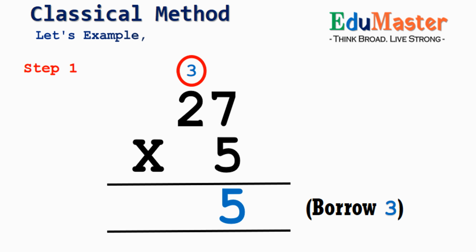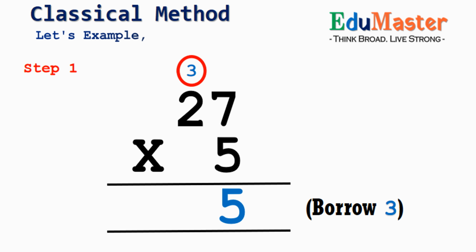Let's have an example. If we want to multiply 27 with 5, we say it's so simple. We can write the answer without much hard work because of the tables which we remember due to the hard learning process of our primary classes. What we will do, step by step: we multiply 5 with 7, that gives us 35.